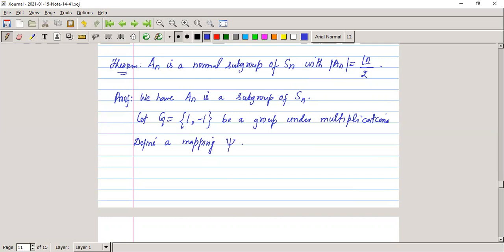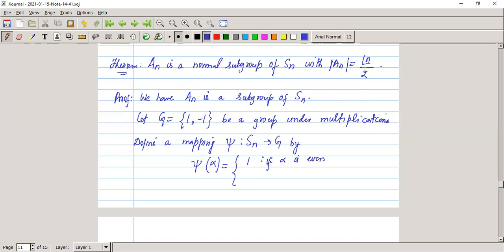Suppose psi from Sn into G is defined by psi of alpha is equal to 1 if alpha is even.